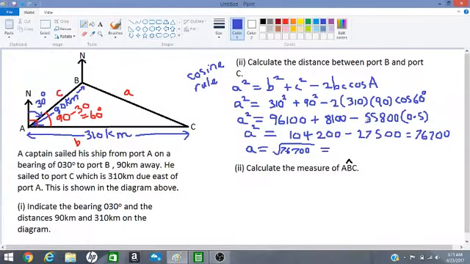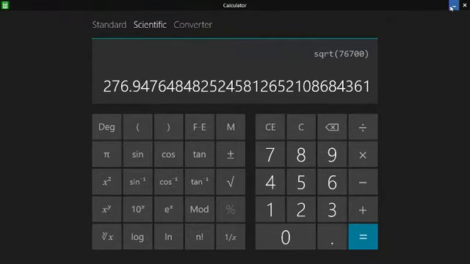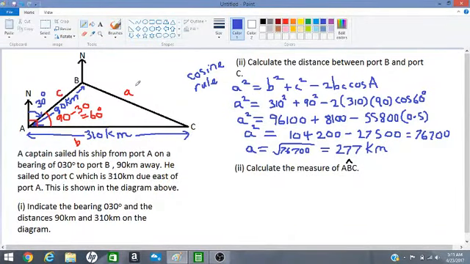Let's round off to the nearest whole number. So 277 kilometers. Okay, good. So the value of a, the distance between B and C, is about 277 km.